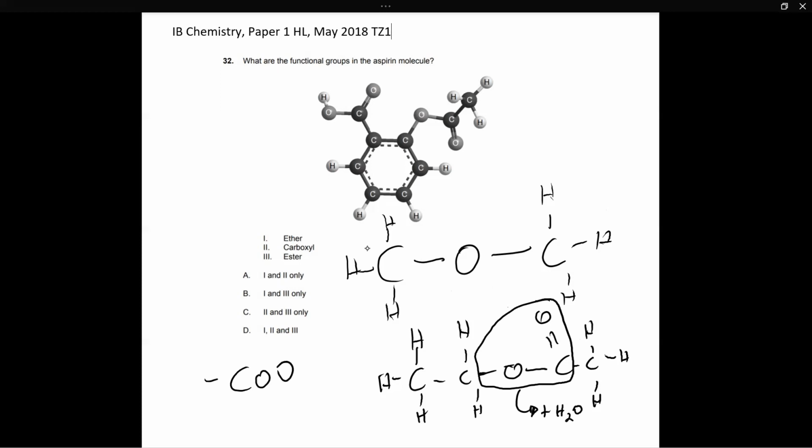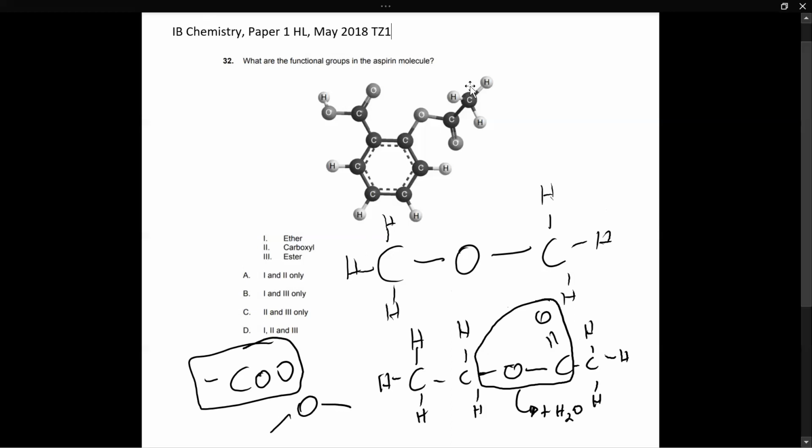This is the COO group. Whereas ethers have a functional group of this, whereas the ether functional group constitutes of this. So that is the difference between an ether and an ester functional group.